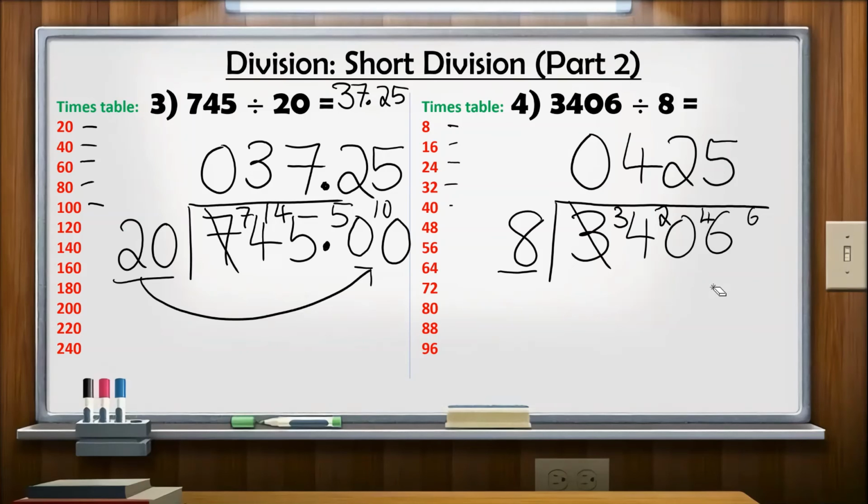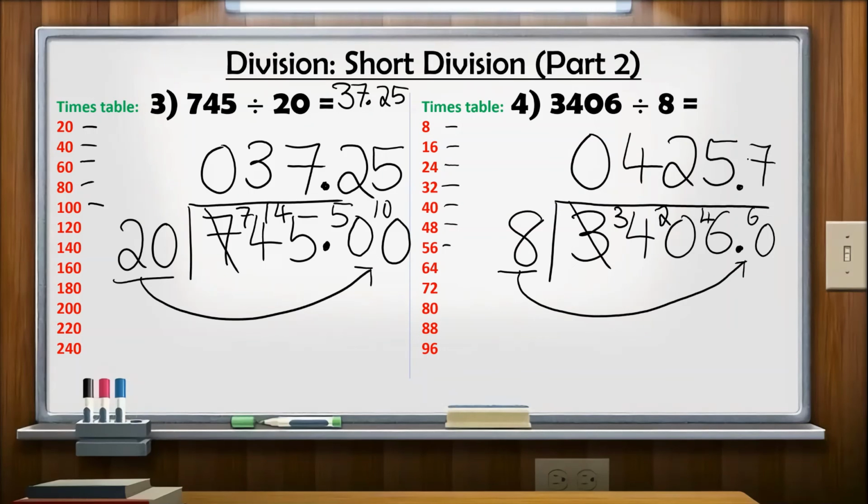Now, again, you may have noticed that there is no number for my 6 to be carried over to. So this is where I bring in my decimal points and my placeholder. So I'm going to ask myself, how many 8s are there in 60? And the answer is 1, 2, 3, 4, 5, 6, 7.